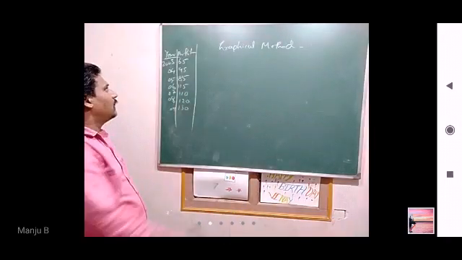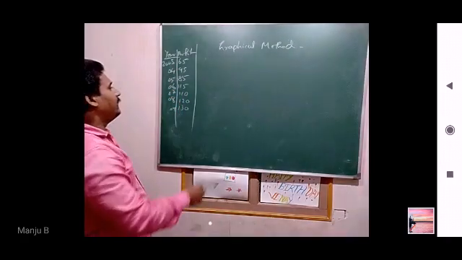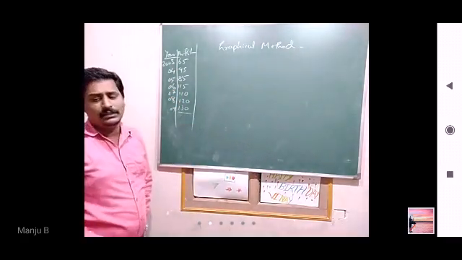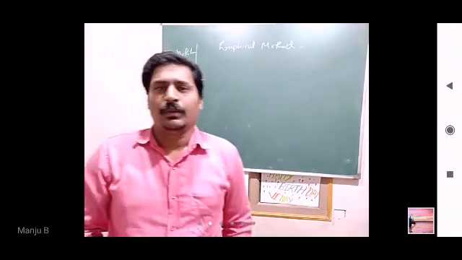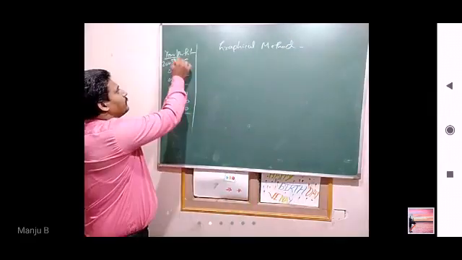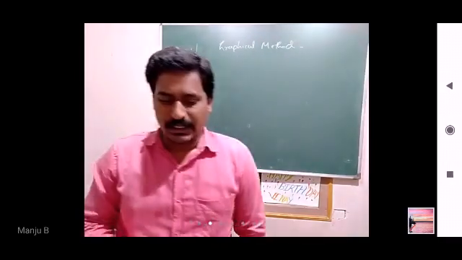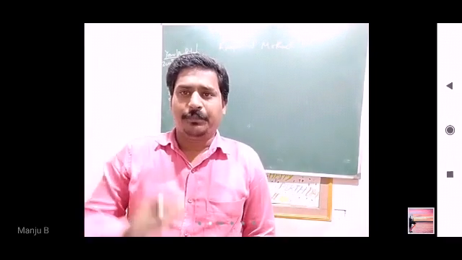Now here, how many years total? 1, 2, 3, 4, 5, 6, 7. 7 years, and the highest value is 130. So the lowest value is 65 and the highest value is 130. So let us start with 50, up to 140.